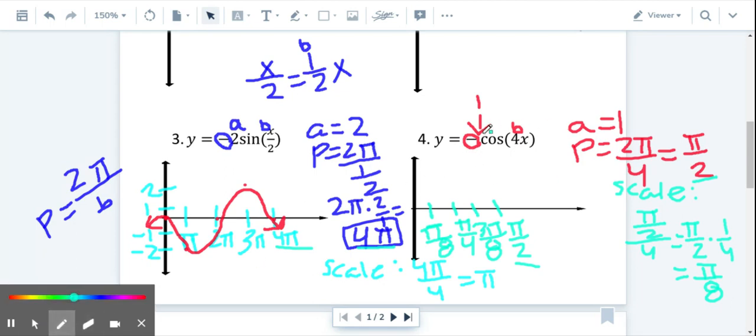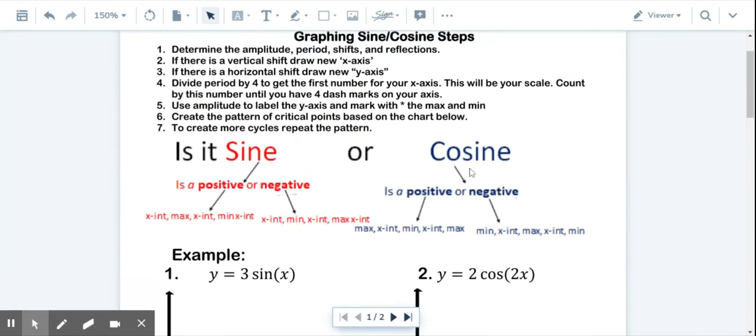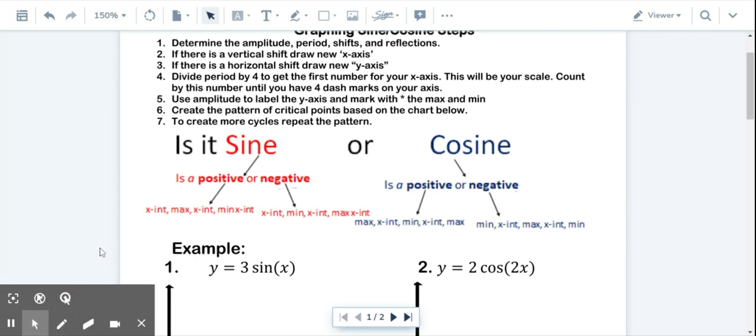All right, now we want to use our amplitude. Amplitude is 1, go up 1, down 1. Going over here, we forgot to put the asterisk. We're going to do it this time. 1 and -1. And then we're going to go through and do the points. Cosine, negative, we're going to start at a minimum and then go to an x-intercept.